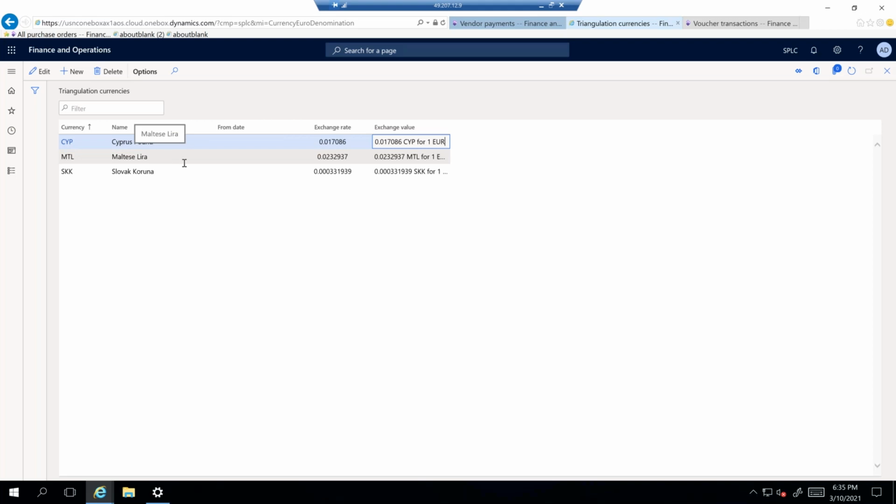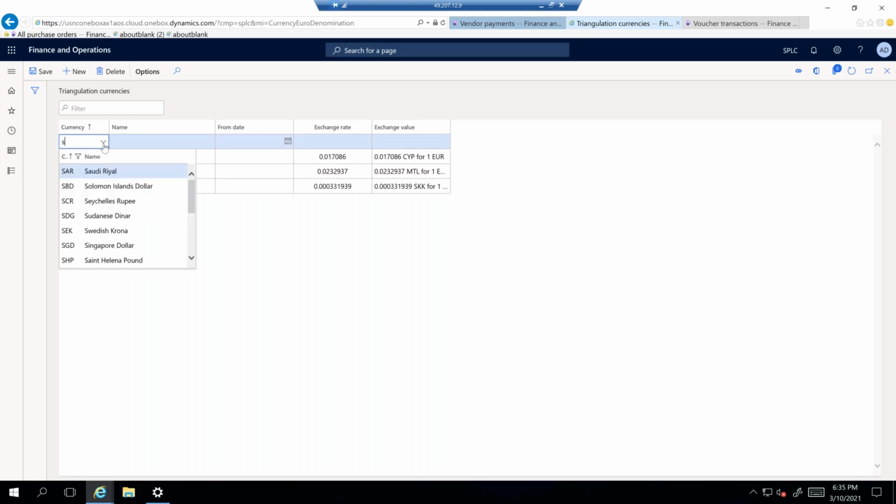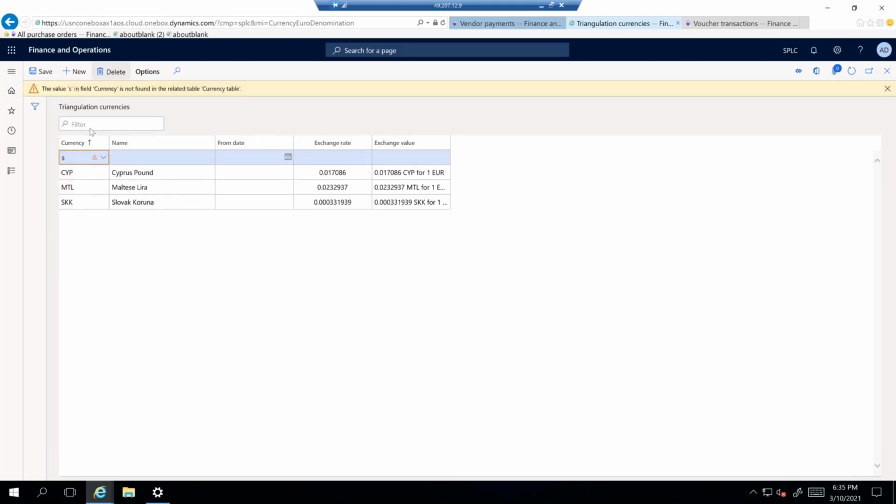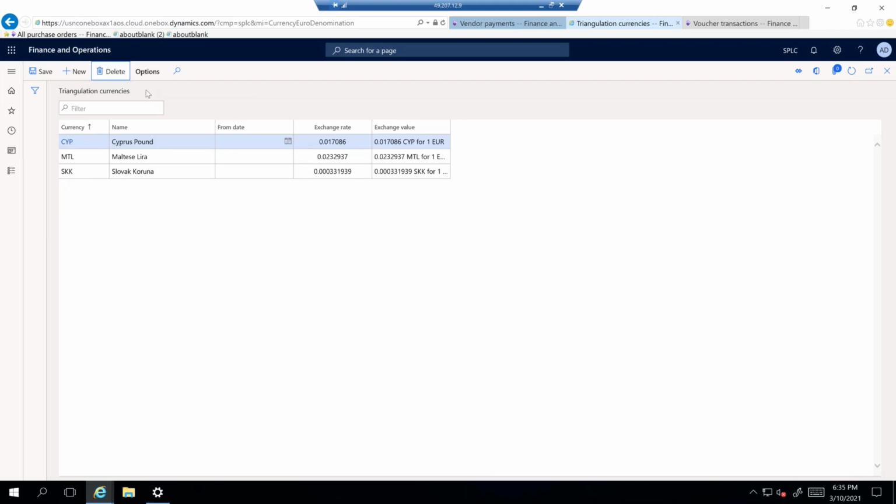In the same manner, lira, Maltese lira, SKK, some other country, Czechoslovakia, something. In the same manner, you need to create Switzerland crowns, Swiss krona, and they need to enter the exchange rate so that they can generate the reports. This is triangulation currency.